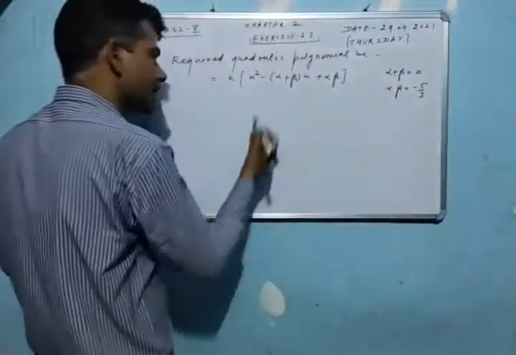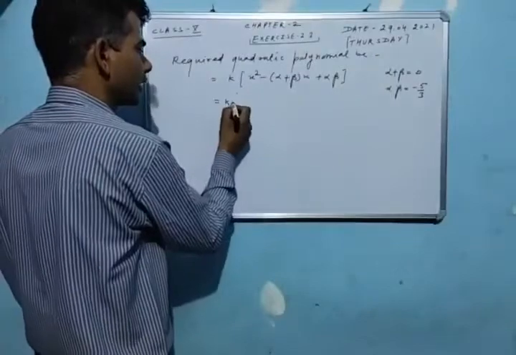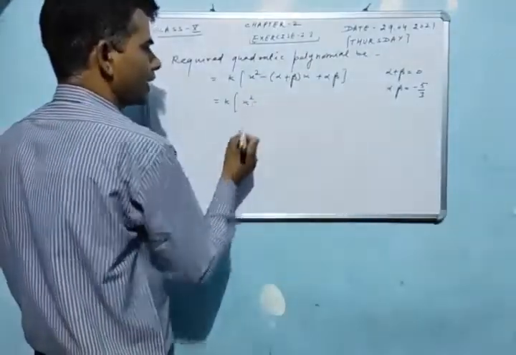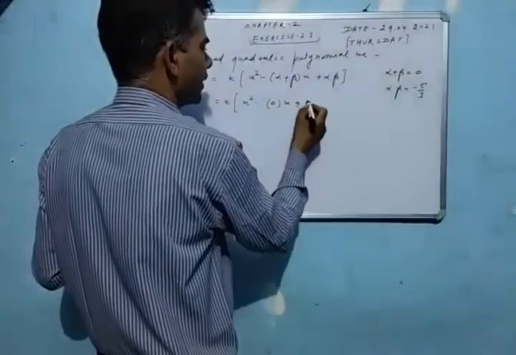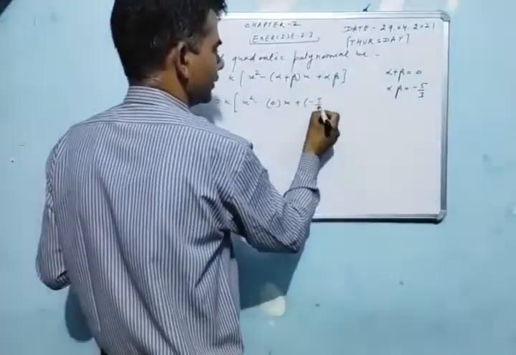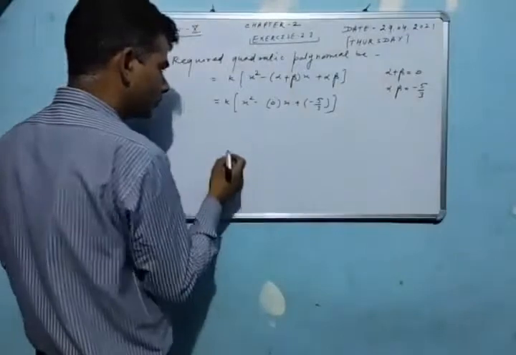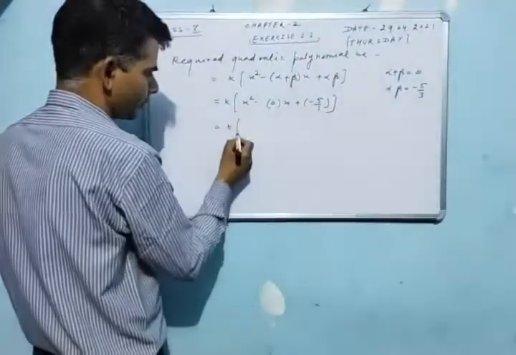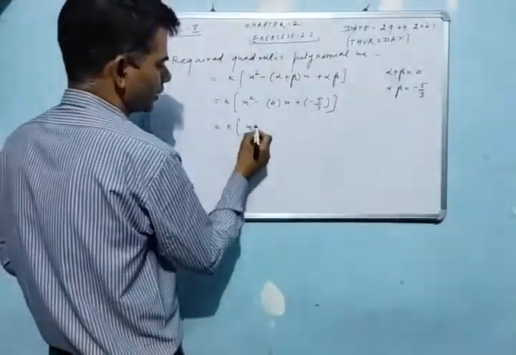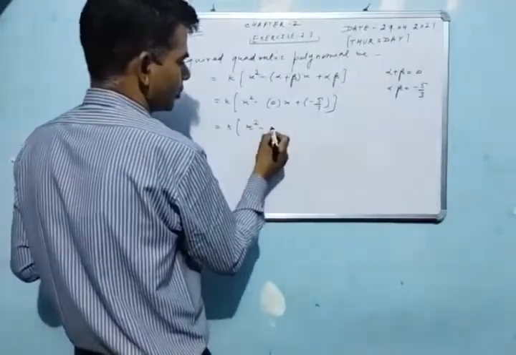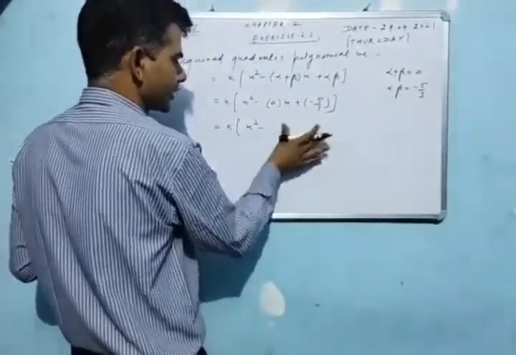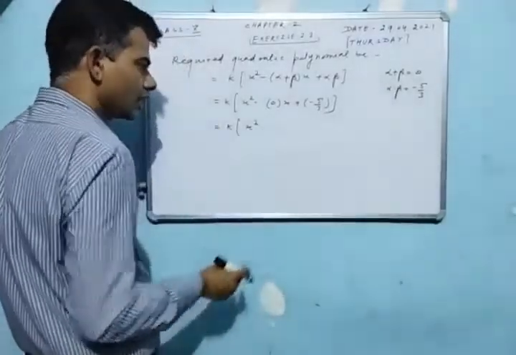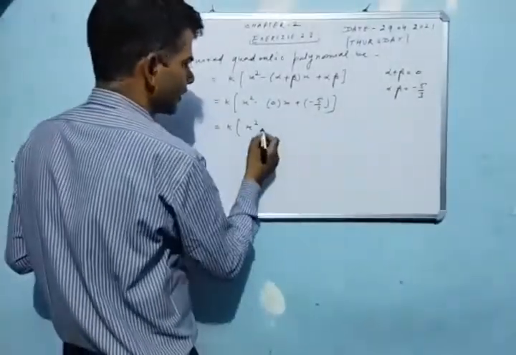Now replace: k, x square minus alpha plus beta is 0, alpha beta is minus 5 by 3. Now students, it will become x square, that is 0x. 0x is 0, students, 0x is 0. Now plus minus, that is minus 5 by 3.